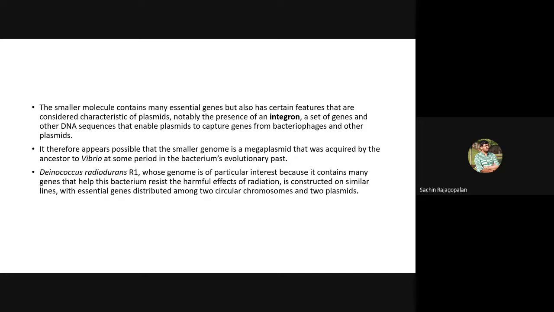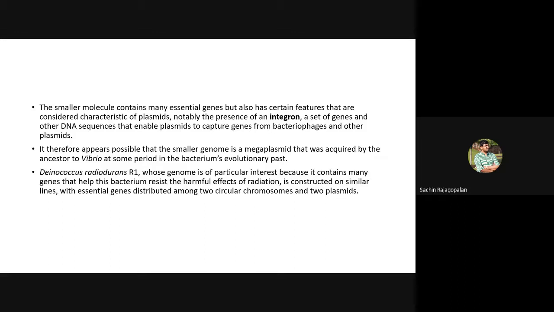Okay. Also, there is another very interesting organism called Deinococcus radiodurans R1. R1 is the strain again. So radiodurans is basically a bacteria which is resistant to radiation. Normally, when you expose any bacteria to radiation, it is going to show cytotoxic effects, and the organism will not survive for long.